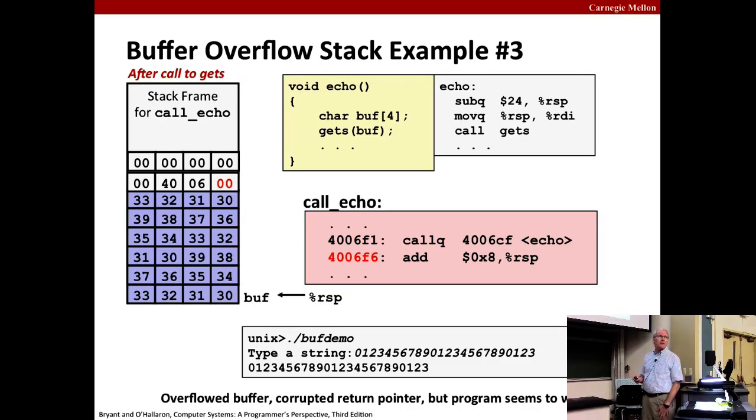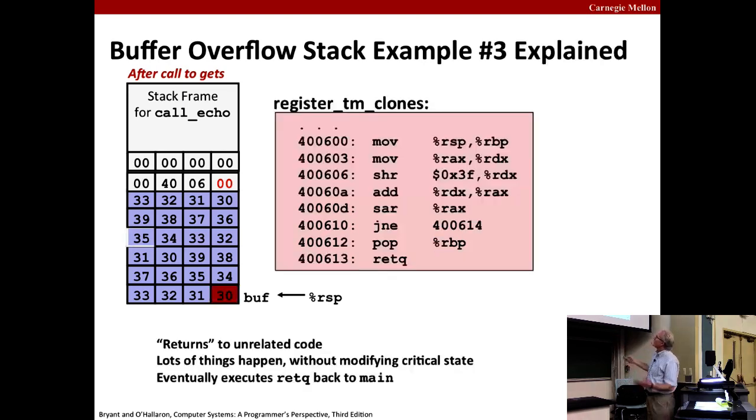So this is the example of what actually happened the first time when I typed in a string that had 24 characters. This null byte at the end actually corrupted the return address. It was supposed to return back to address 4006F6, and instead it returns to address 40600, which happens to be in some other weird function that's there.